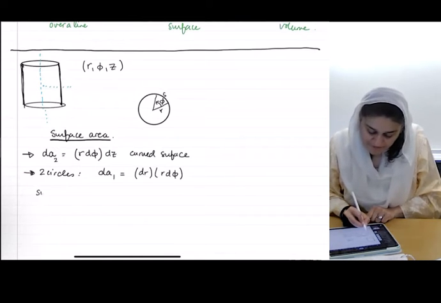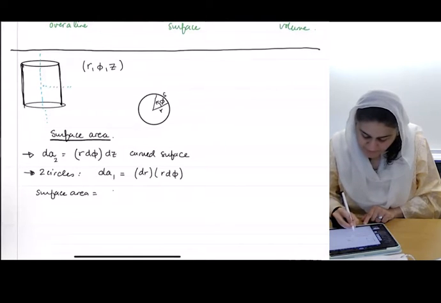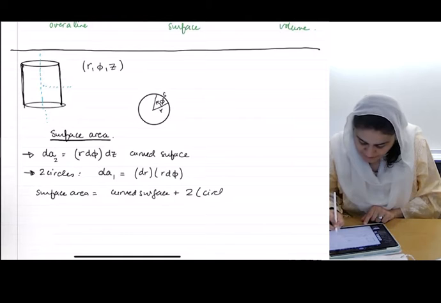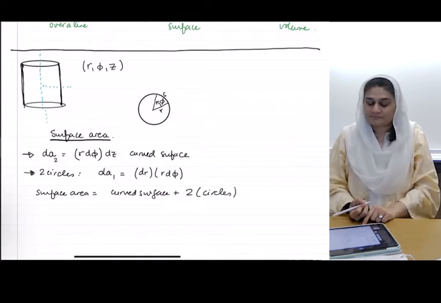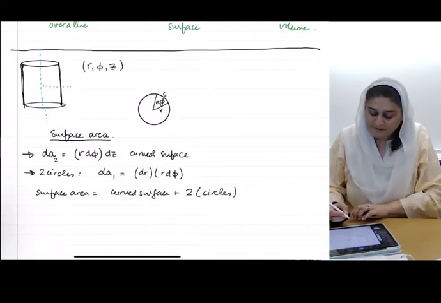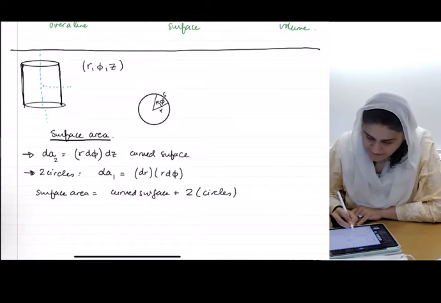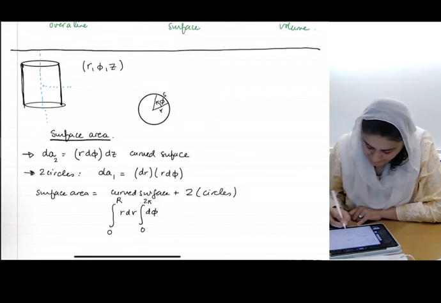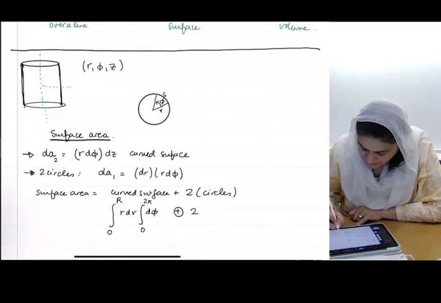So my total surface area will be a combination of curved surface plus two circles. That means for my curved surface, I will get r dr d phi, 0 to r, 0 to 2 pi, plus 2.